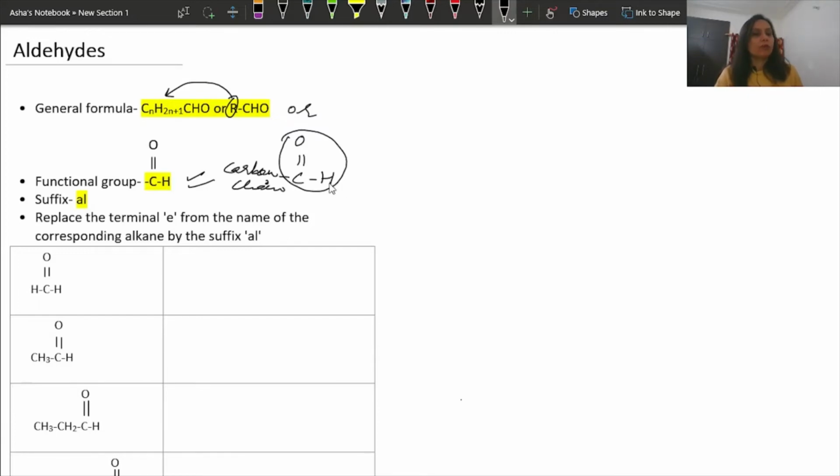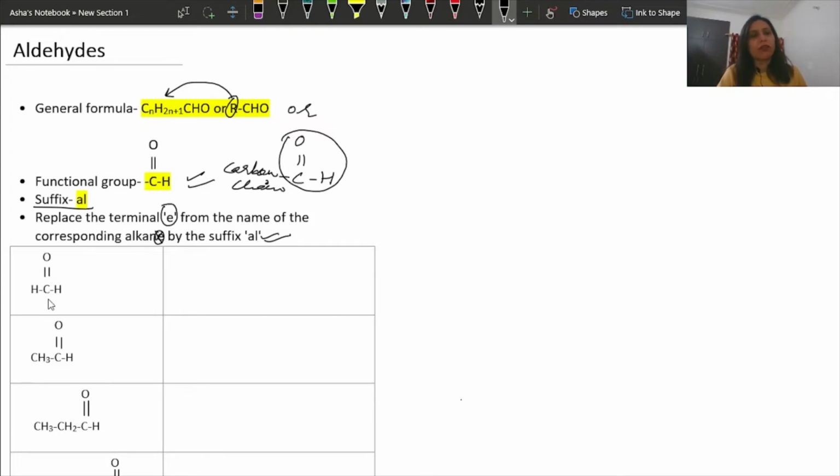Okay, so whenever we are attaching aldehyde, we are using the suffix which is AL. So same, you will have to drop E from alkane. This E will be dropped, and instead of this E we will be attaching the suffix AL. Now again, the first step is to choose the chain which is having the maximum number of carbons in it.